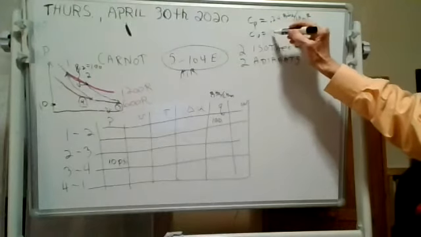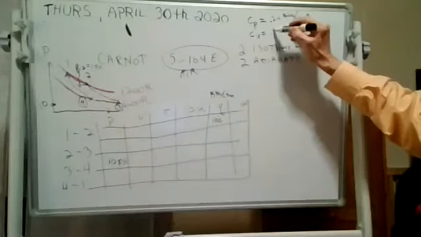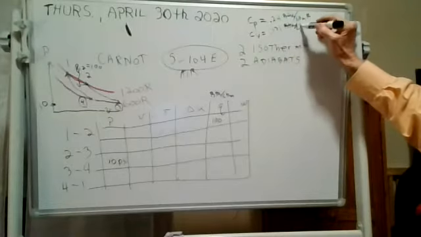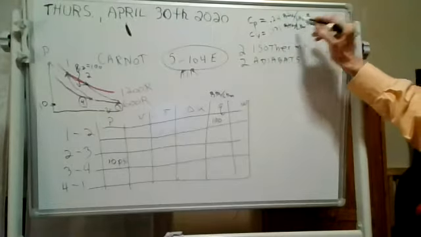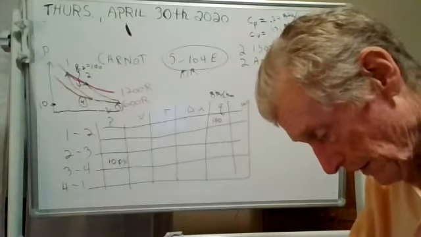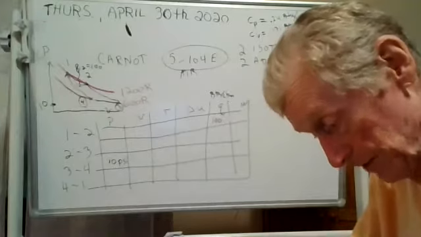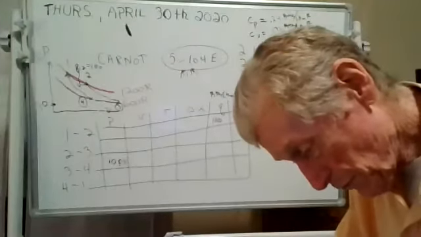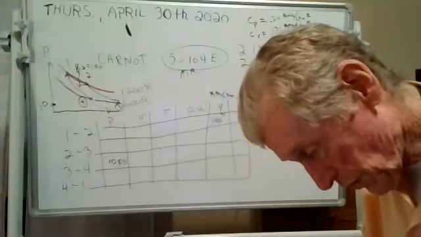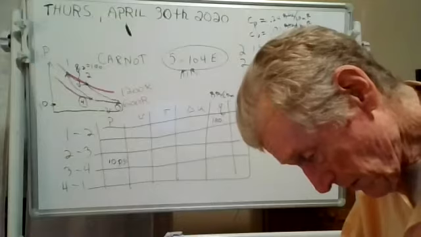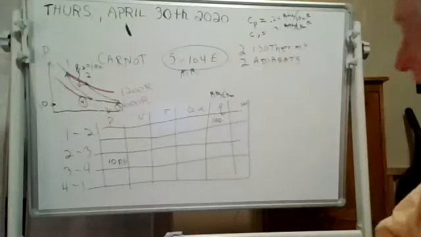CV is 0.171 BTUs. Maybe we should look that up to make sure. I don't want to lie to you. Go to the back where they have it. Not that I don't trust you, but I'm just going to look for sure. Air, by Jove, I got it right.